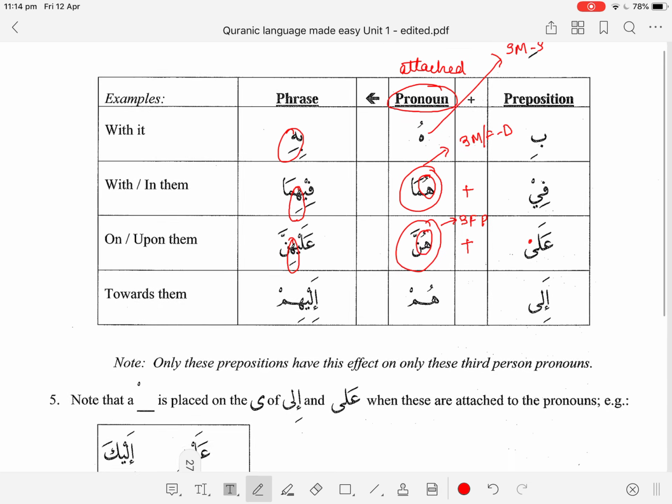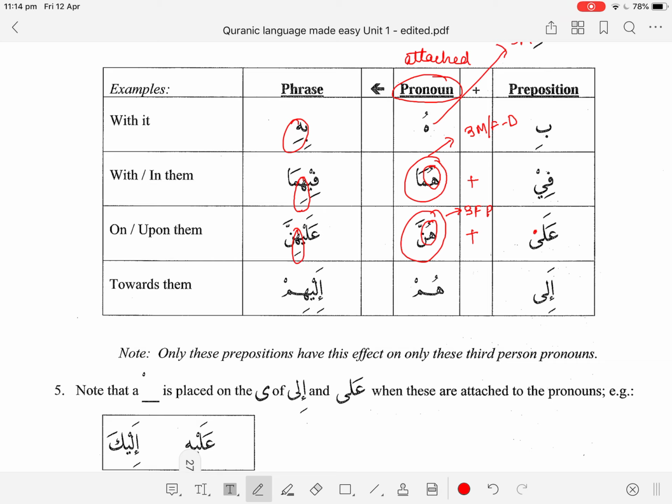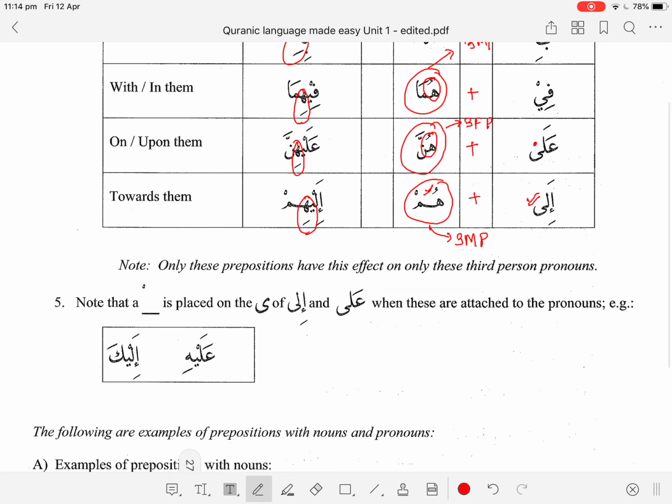Similarly, we have ila, two words. So ilahum. So this is hu, huma, hum, right? So third person male plural. So again, this ya will become active and this dhamma will become a kasra. So ilayhim, right? So this is the change that happens here.